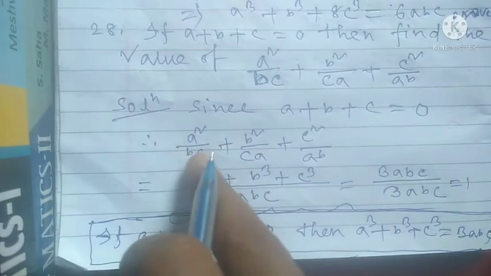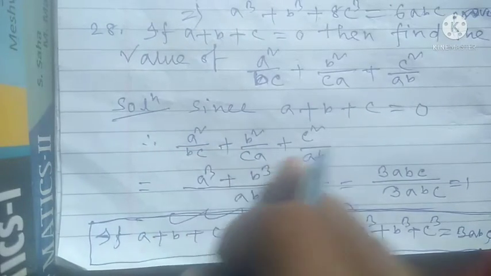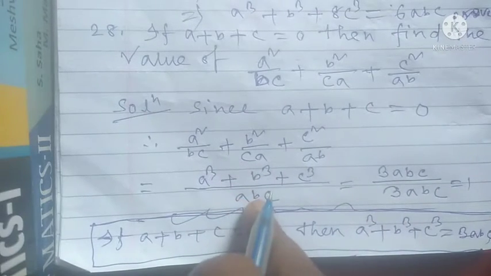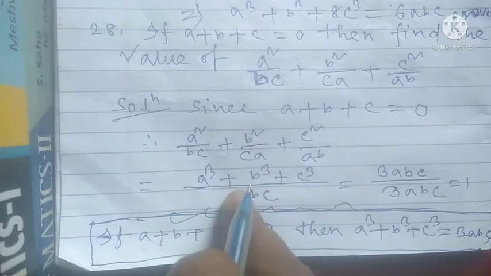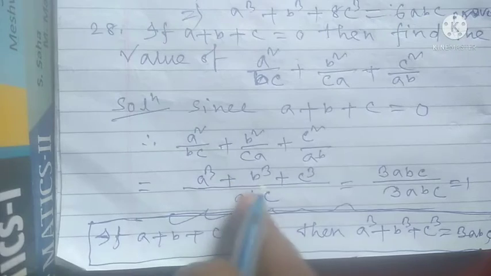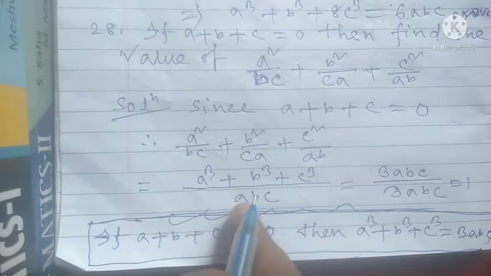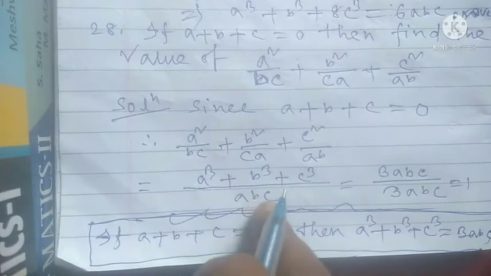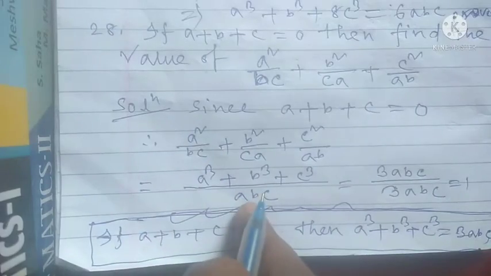So we write, since a plus b plus c is equal to 0, and this expression you have to calculate. If you take the LCM of abc, ca and ab, then the LCM will be abc. You have to divide abc by bc, then you get a.